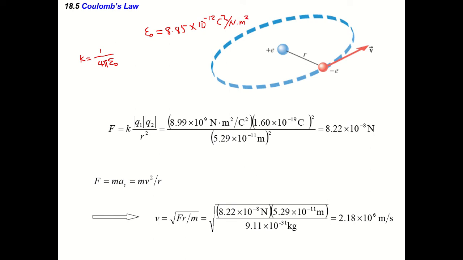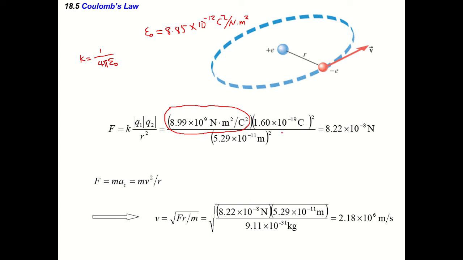So when you substitute this value into k, 1 over 4 pi times this value, you will get this result.